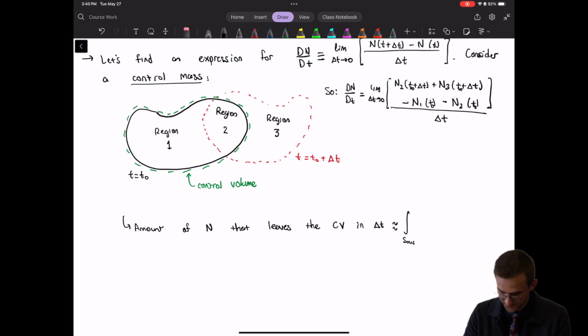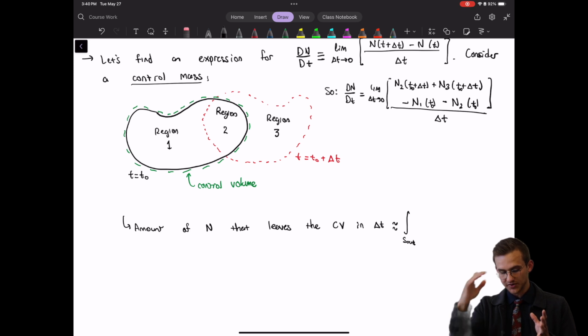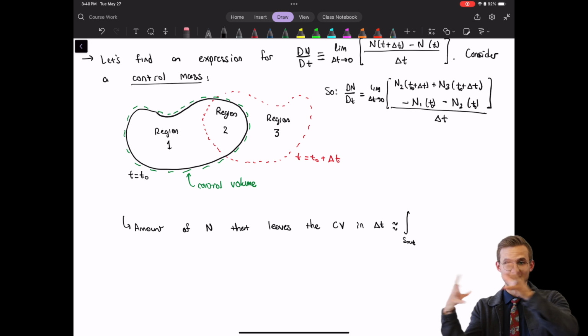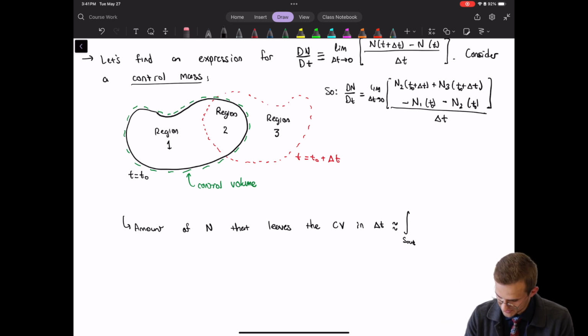And S out is the portion of the control volume surface that the control mass passes out of, okay? So if you integrate over that S out surface of eta rho times V, which is the flow velocity of the control mass material, dotted with n hat, okay? I'll talk about what n hat is in just a moment, dA times delta t.